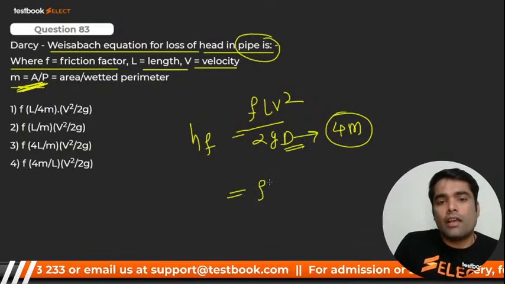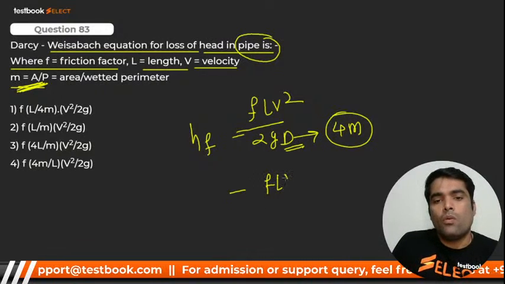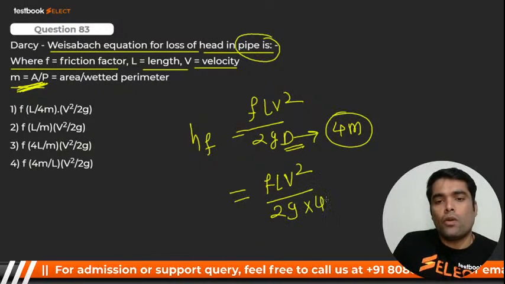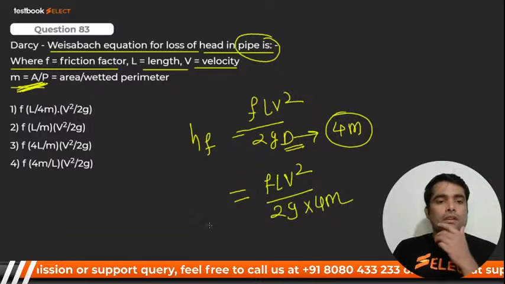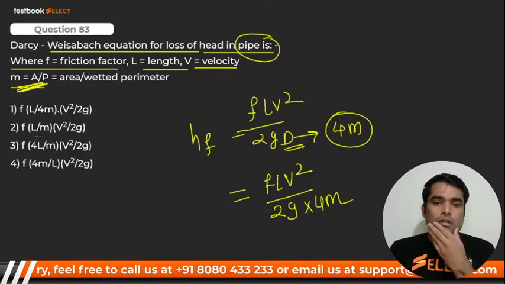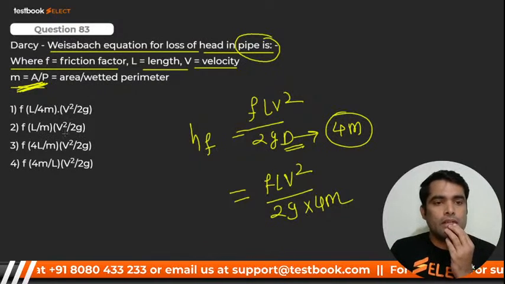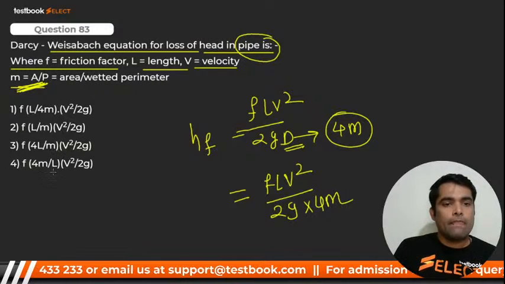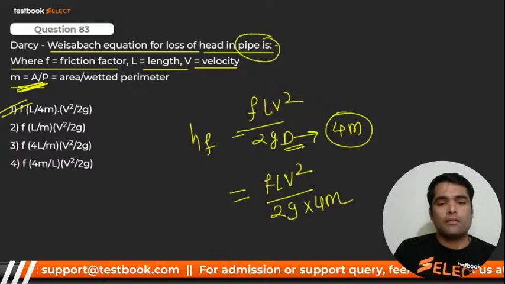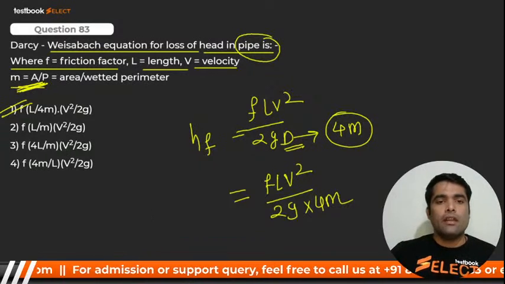So it should be F L V square upon twice G into 4M. So this will be the equation. See which one it is. F L V square upon twice G into 4M at the bottom. I think this one. Yes, this one. Number one is correct.